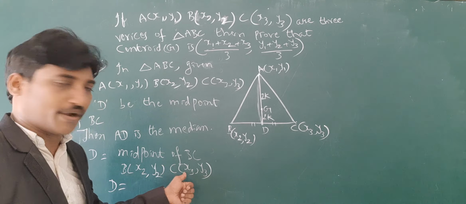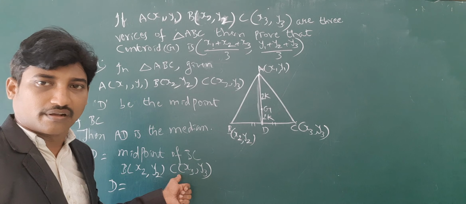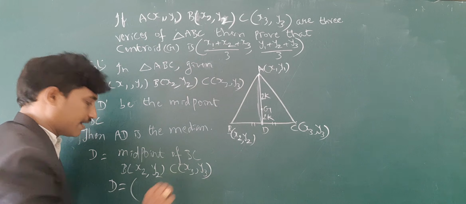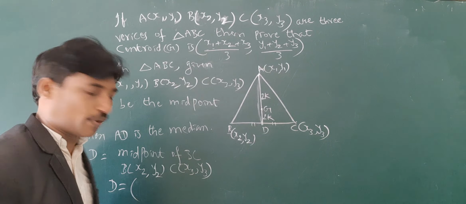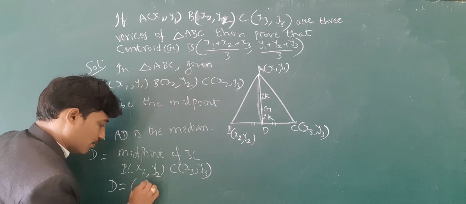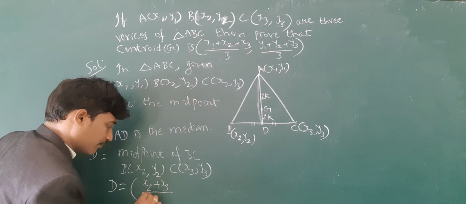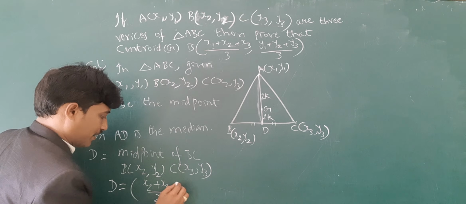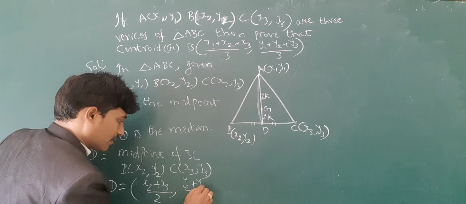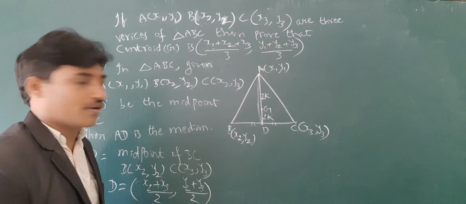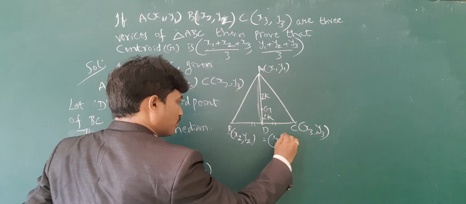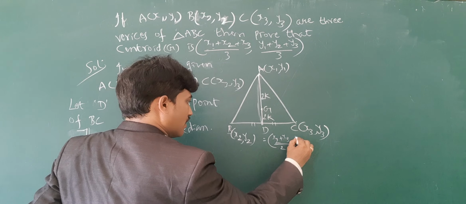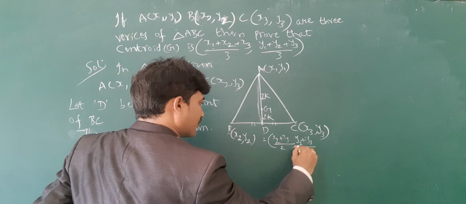Average of x coordinates gives the x coordinate of the midpoint, and average of y coordinates gives the y coordinate. We got D as (x2 plus x3 by 2, y2 plus y3 by 2).